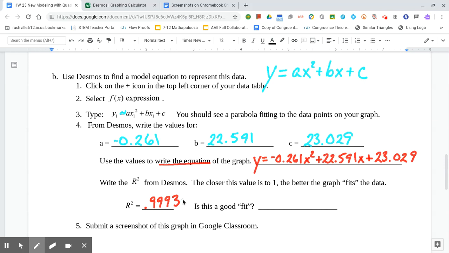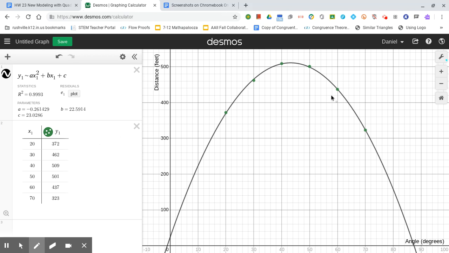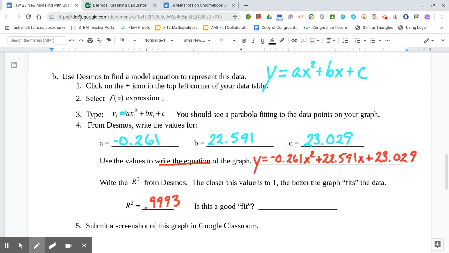So 0.9993. And the question is, is this a good fit? Well, the answer is yes, it's a very good fit. One, we can see it visually. This parabola is almost perfect for these 6 data points. But for another reason, this R squared value represents a percentage. It represents the percent of the distances for the pumpkins being thrown.